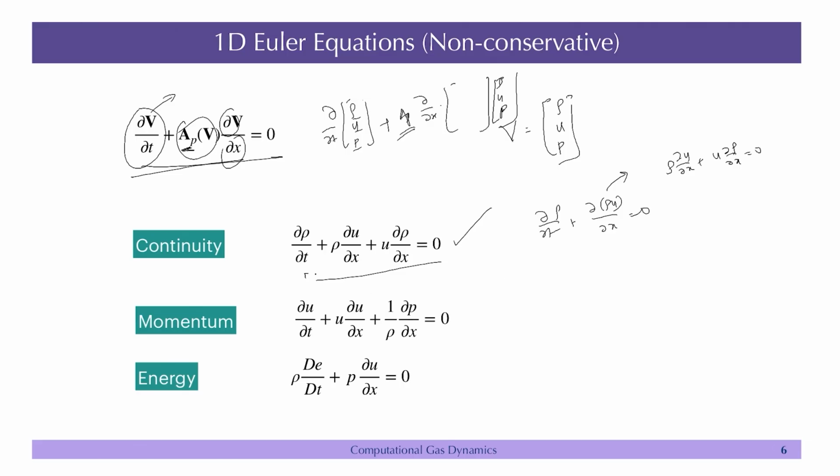So, for rho we already have it, for u also you can do the same thing, bring the pressure term to the left hand side. So, we have rho, u and p here also, okay, and then for energy, I am using the internal energy equation, because I have to get the pressure form for this. I want an expression which has del p by del t plus whatever you have, okay, equal to 0.